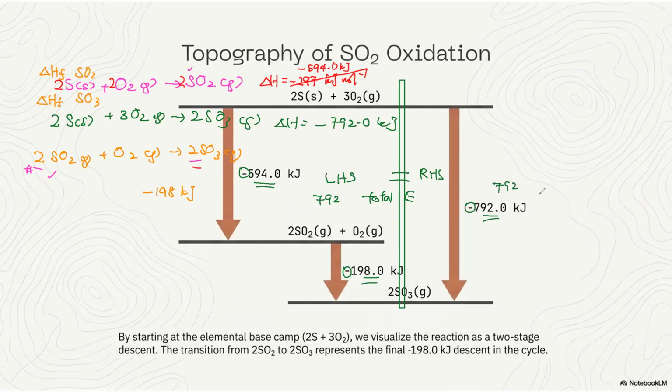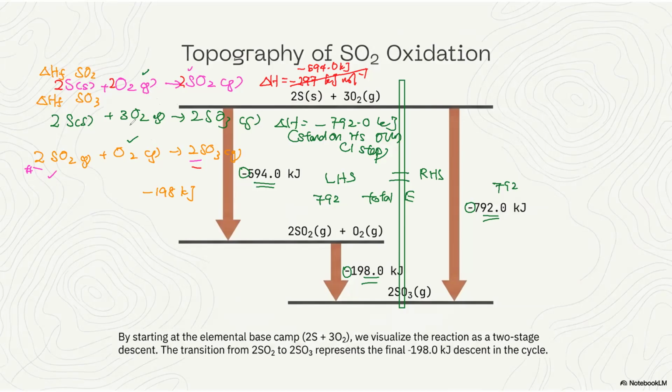So from here you should know that the formation of SO3 stands on its own. It is the one step. Whereas the remaining 2 S plus 2 O2 give 2 SO2, and also 2 SO2 plus O2 give 2 SO3 are the more than one steps here.